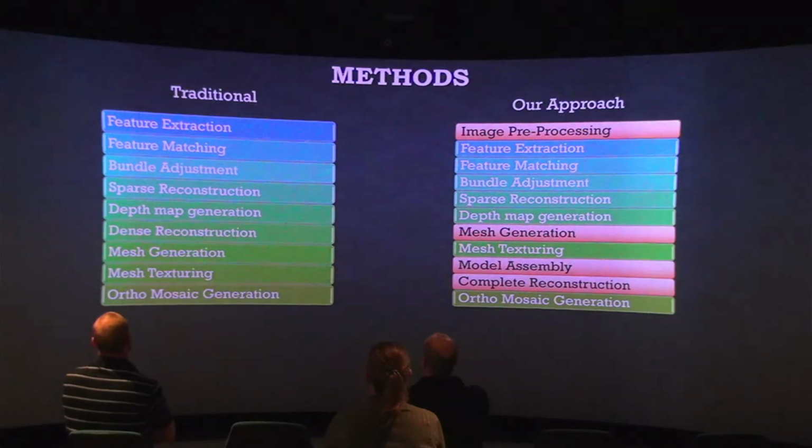The conventional photogrammetric 3D reconstruction workflow consists of several steps that you'll probably be familiar with. Feature extraction, feature matching, bundle adjustment, sparse reconstruction, depth map generation, dense reconstruction, mesh generation, texturing the mesh, and then generating an orthomosaic.